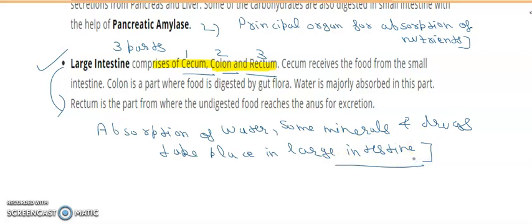If I ask in which organ maximum absorption of nutrients takes place, that is the small intestine. And absorption of water, minerals and some drugs takes place in the large intestine.